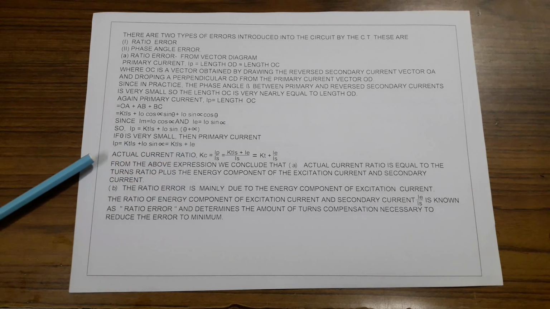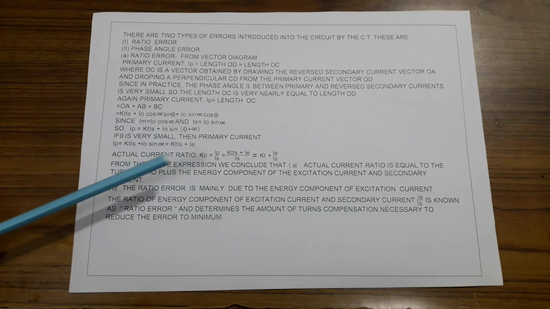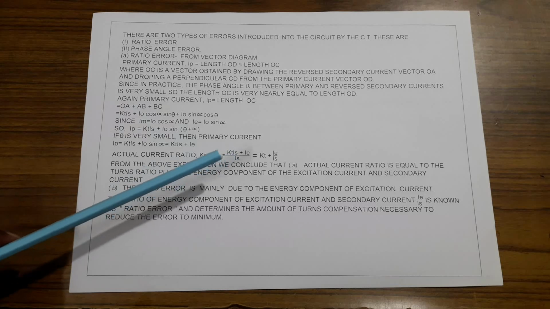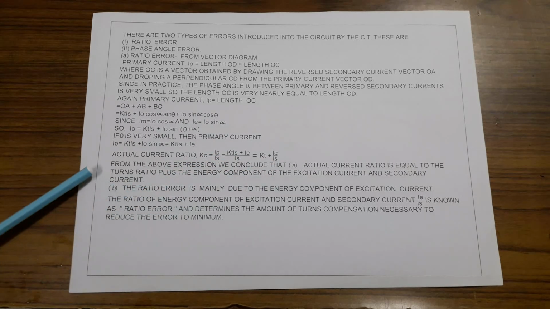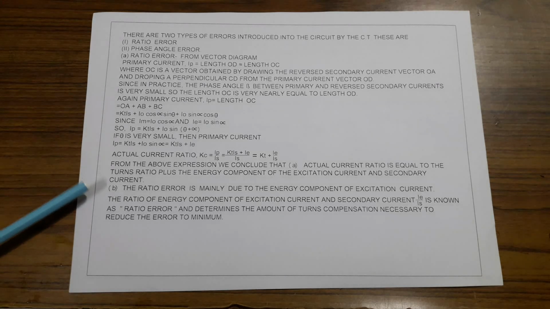Actual current ratio KC is equal to IP by IS, which is KTIS plus IE divided by IS, equal to KT plus IE by IS. From the above expression, we conclude that the actual current ratio is equal to the turns ratio plus the ratio of the energy component of the excitation current to the secondary current.